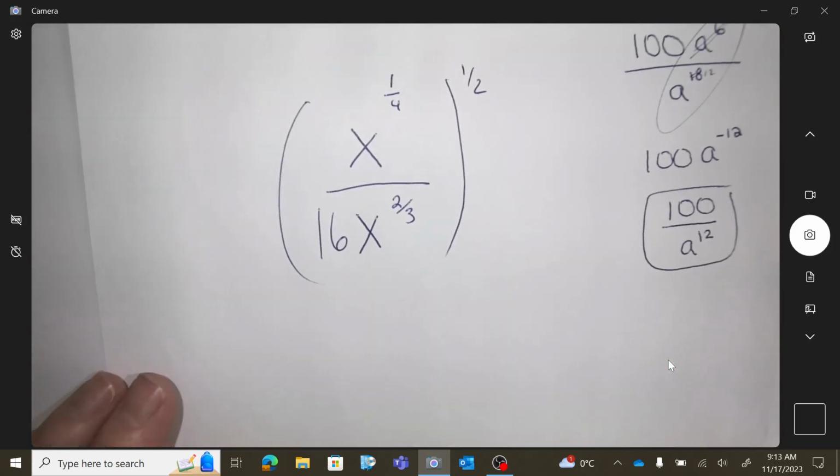Okay, and then I want to do this harder question too. Something like this on the test where you have a bunch of fractions going on.